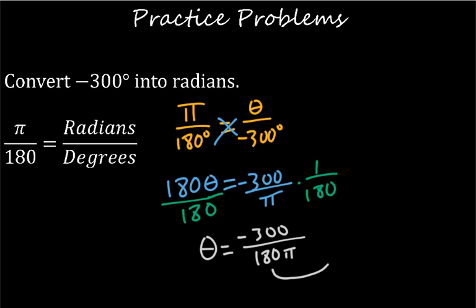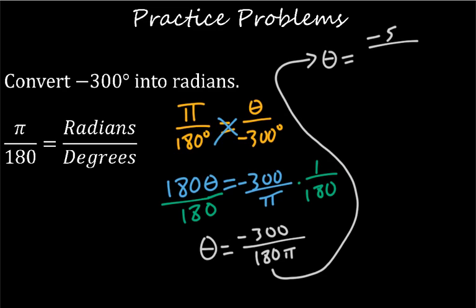And that is not written in simplest terms, so we can do that. Negative 300 and 180 are both divisible by 60, so we'll have theta is equal to negative 5 over 3 pi.